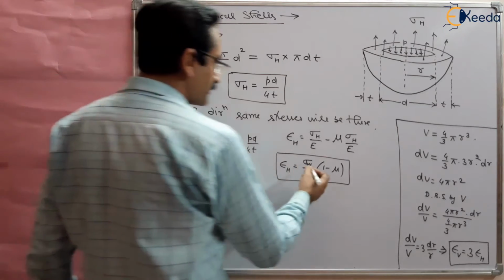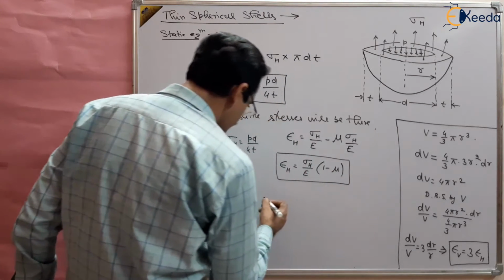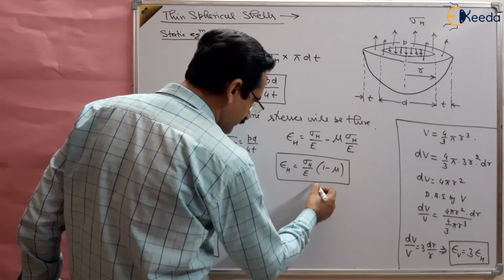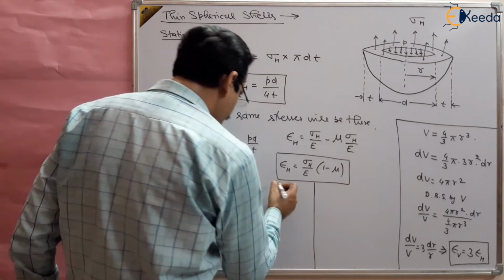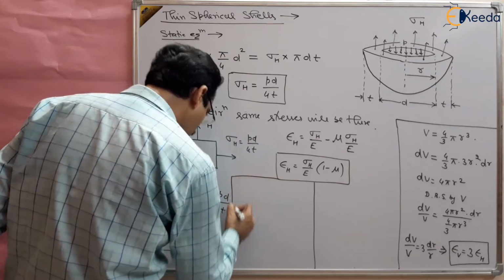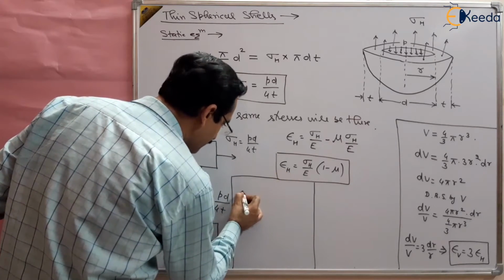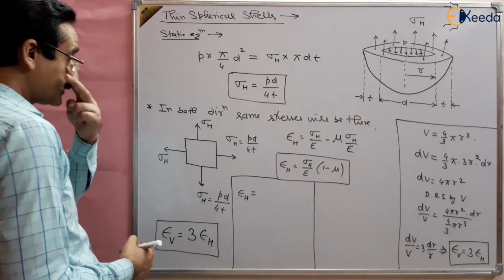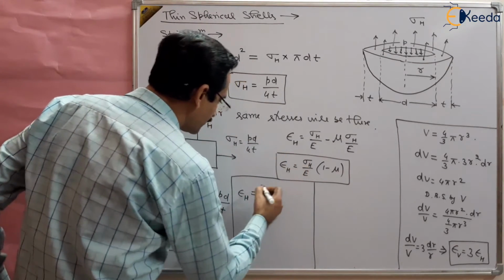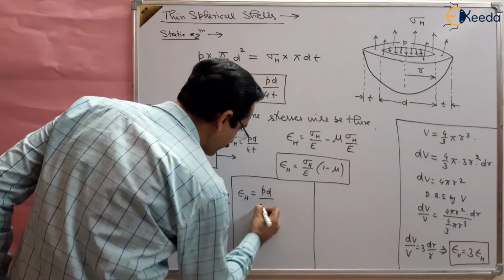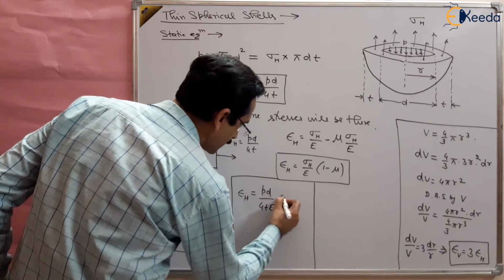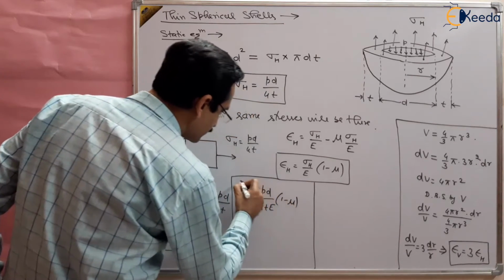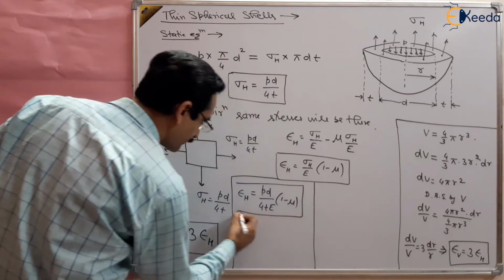Right? And we know the value of sigma h. So what is the value of sigma h here? Put the value of sigma h as PD by 4T, so you will get hoop strain equal to PD by 4TE times (1 minus mu). This is the hoop strain.